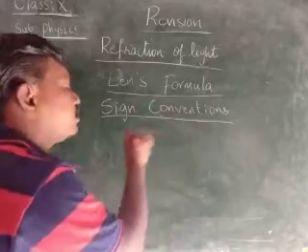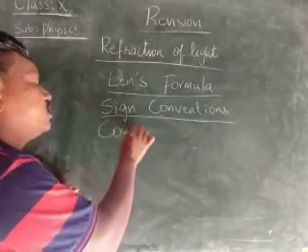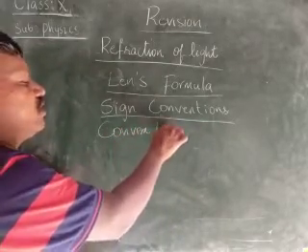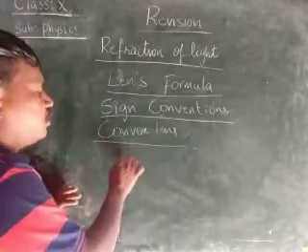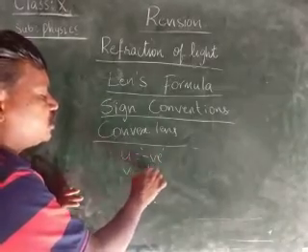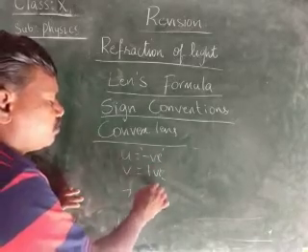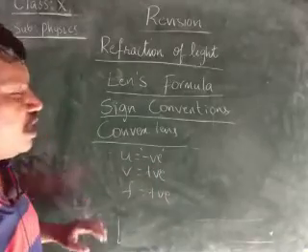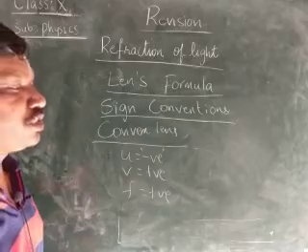Normally, for the convex lens, only u is negative, whereas v is positive, and f is also positive. Normally, we apply the sign convention for the lens, children.